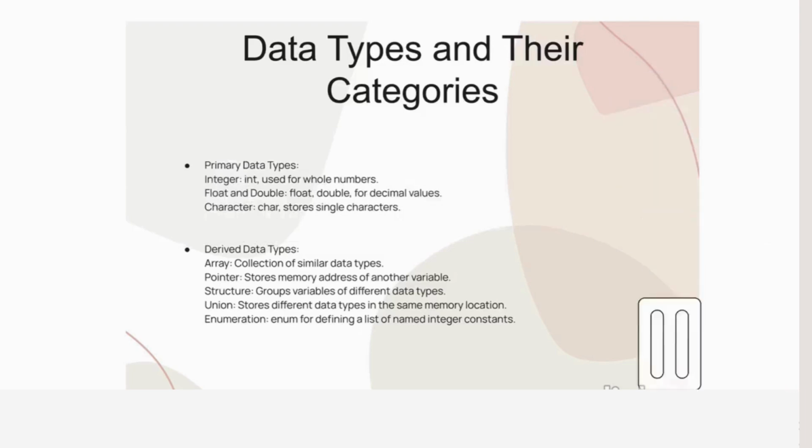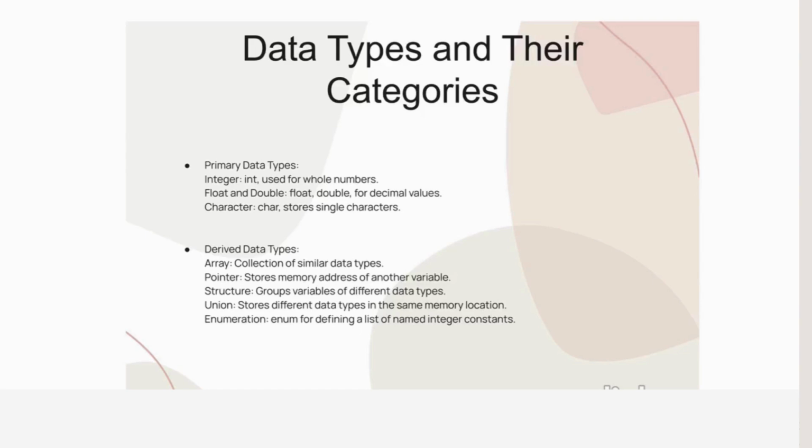Derived data types. Derived data types are used when we want to work on the similar type of data or mixed data types all together to make our work simpler to solve complex problems.